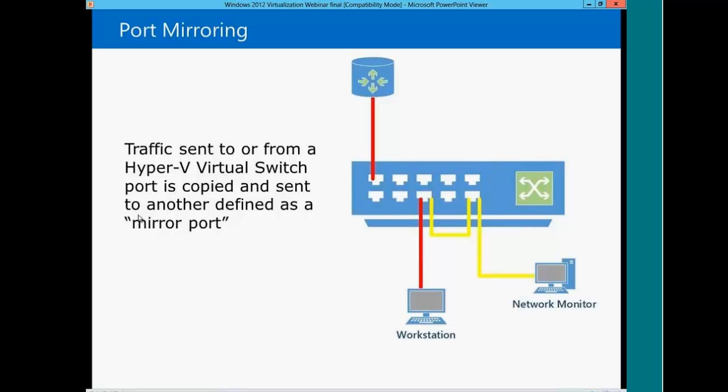Right? So the workstation is the sender of all of the traffic on that port, and the network monitor becomes the receiver. So basically, you just plug those two into the same virtual switch, and you say these are both going to use monitoring capabilities. One is the sender, one is the receiver. It helps us in debugging deep, low-level network issues.